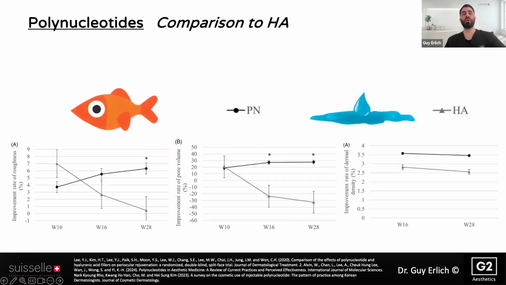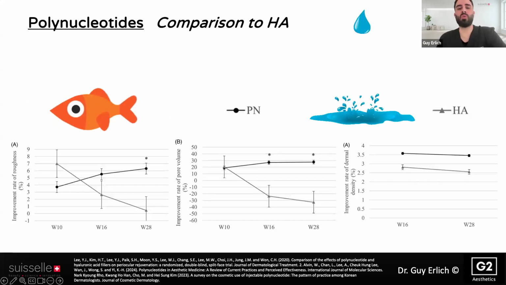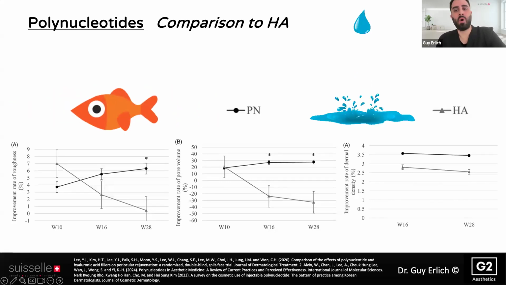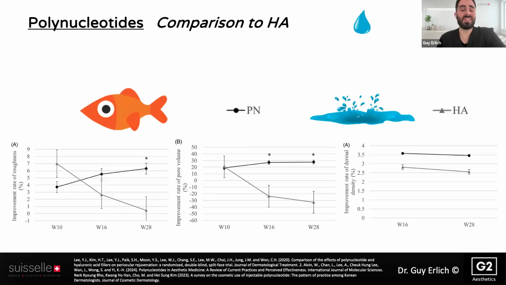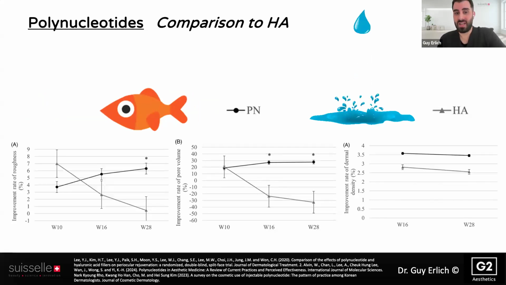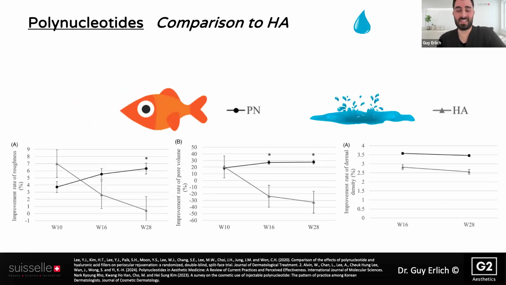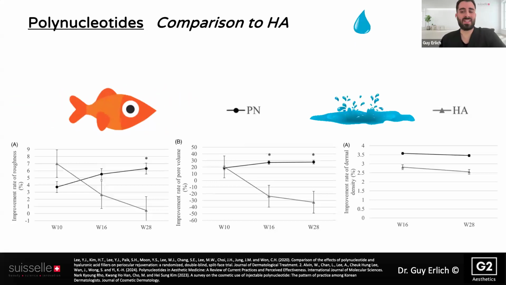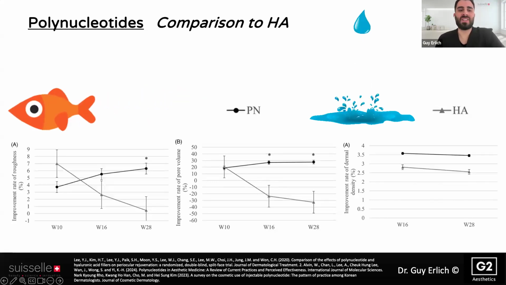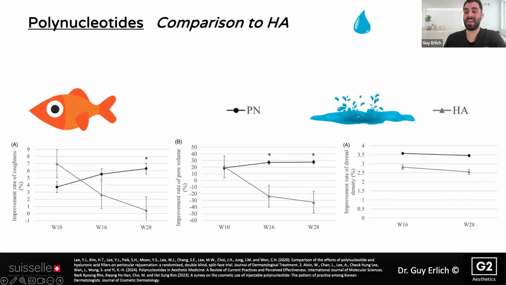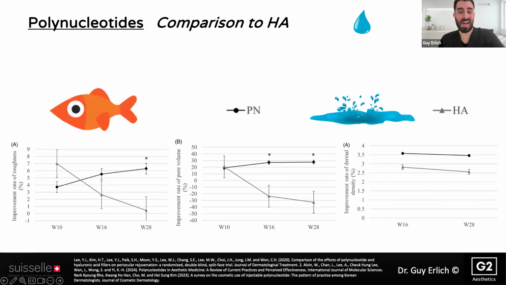When we compare polynucleotide with hyaluronic acid, what we see is very nice. The dermal density and elasticity are similar, but polynucleotides are better at changing skin roughness and pore volume.